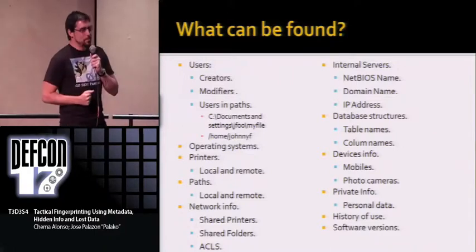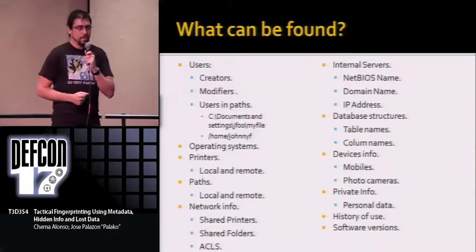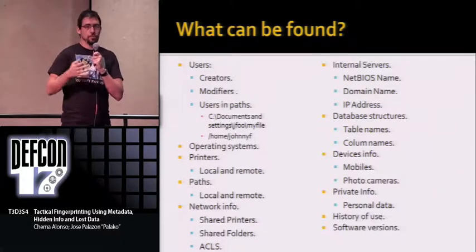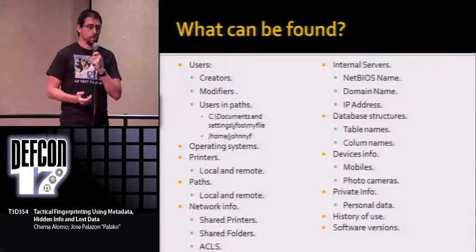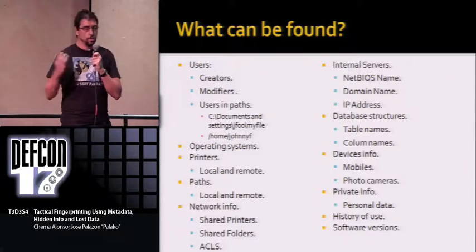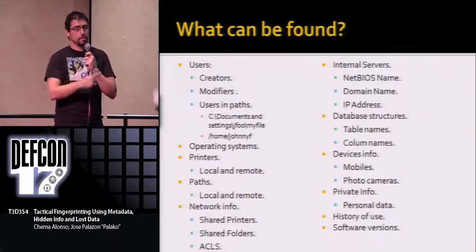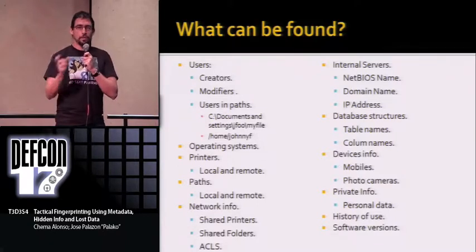So what can we find in metadata? As I've said a couple of times so far, the point of our presentation is to get all this information to make some fingerprinting of the network. So we are interested in users, getting who created the document, who modified the document. There is going to be, as we've seen before, something in the path that is also the username.